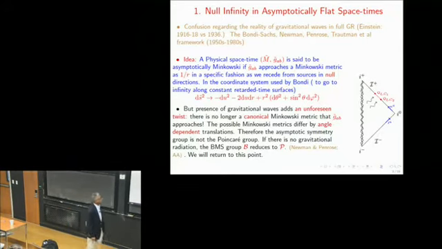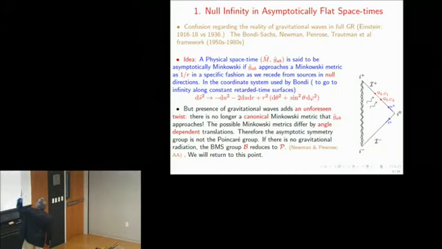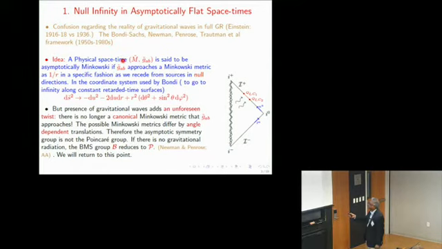And finally, from the mid-50s to the 1980s, the work by Bondi, Sachs, Newman, Penrose, Trautman, and other people really clarified this structure very much. So again, this is a gentle introduction first. The physical idea is that if you start out with a physical space-time, which is (M tilde, g tilde), it is said to be asymptotically Minkowski, roughly speaking, if g tilde approaches the Minkowski metric as 1 upon r in a specific direction.